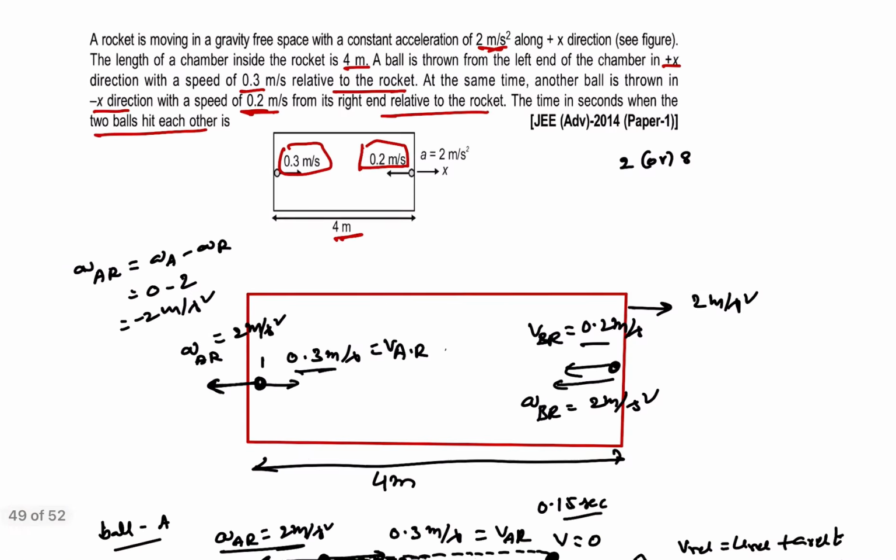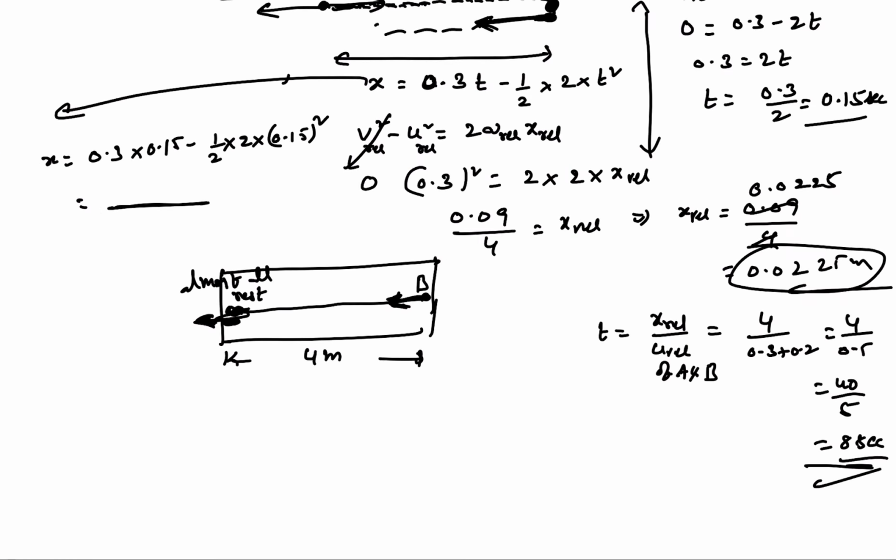If I calculate, I am getting 2 seconds. Okay, observe this carefully. B travels 4 meters to collide with A. Why? Because A is almost at rest only now. That's what actually they have argued, and finally they gave options for both 8 seconds as well as 2 seconds. Actually, it should happen in 2 seconds. Okay, this 8 seconds is also a possibility. That's why they have given it.